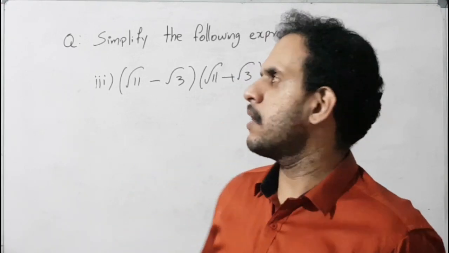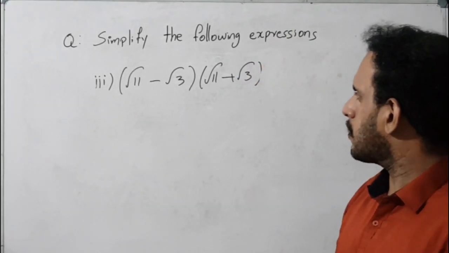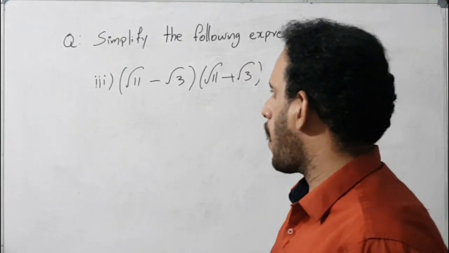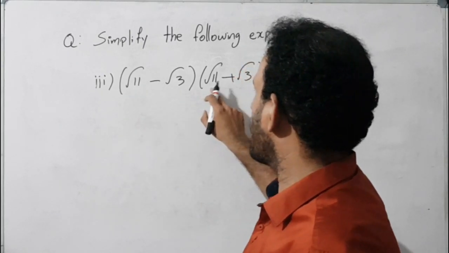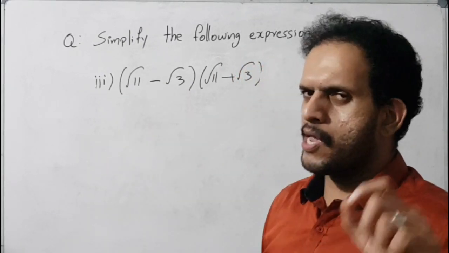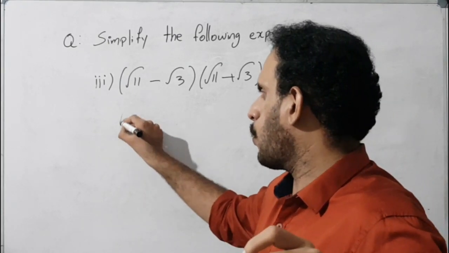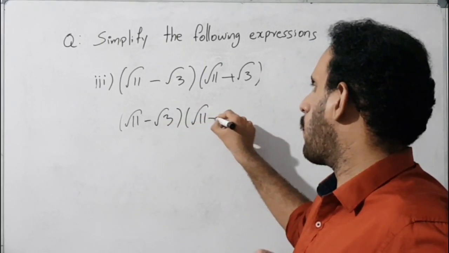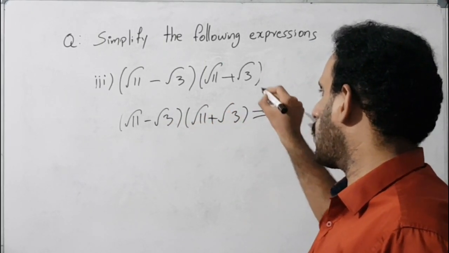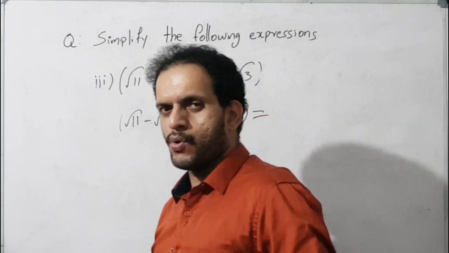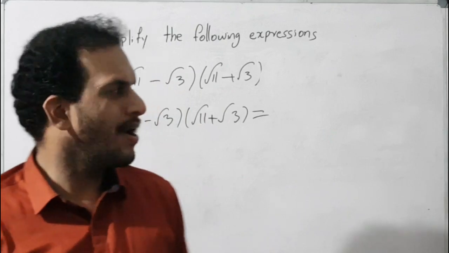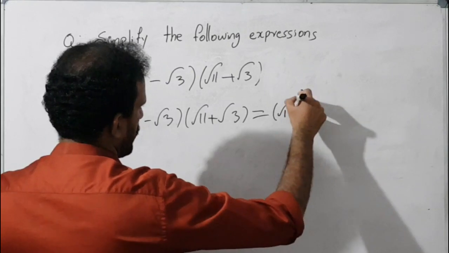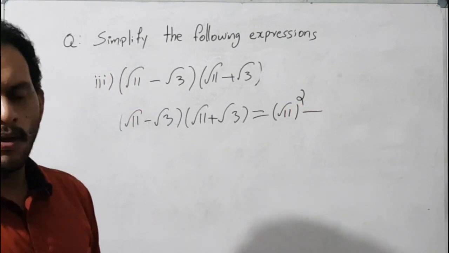Correct? So here root 11 minus root 3 into root 11 plus root 3 is equal to, how do we write? a plus b into a minus b is equal to a square minus b square. So it is root 11 square minus b square.